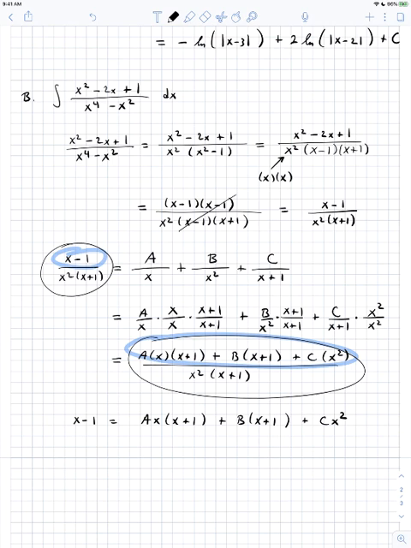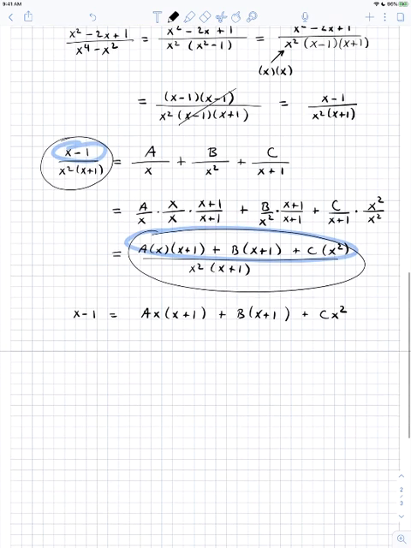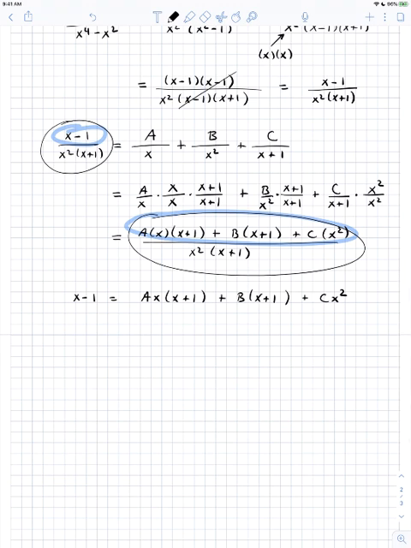And again, there are multiple ways to do this, but the way that I'm going to do it is just like last time. I'm going to group together everything that has x squared and x and so forth. So let's begin by distributing on the right. So ax times x is ax squared plus ax times 1 plus b times x plus b times 1 plus cx squared.